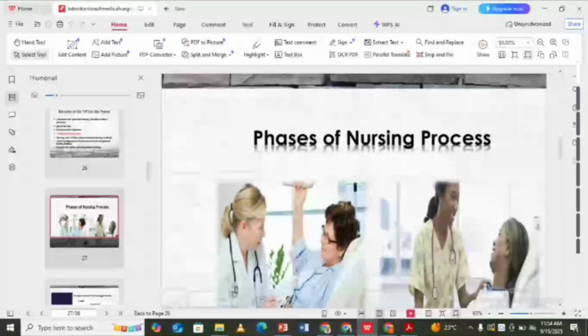Then Paul Kabjumba, evaluation. Evaluation, we assess the patient's state after implementing whatever we planned, to see if it has worked or not worked. Okay, so evaluating the patient's response to those interventions.